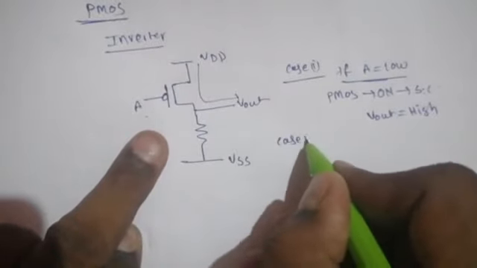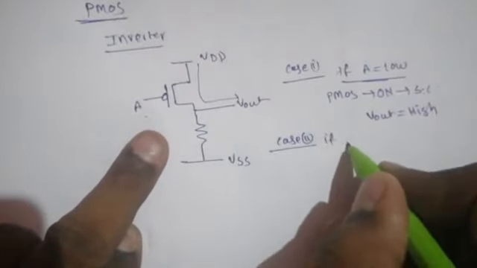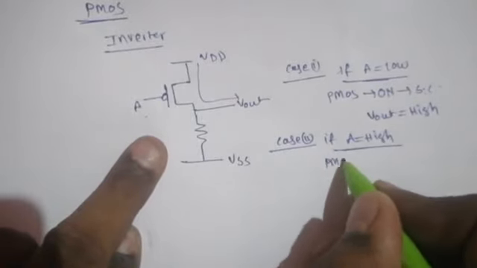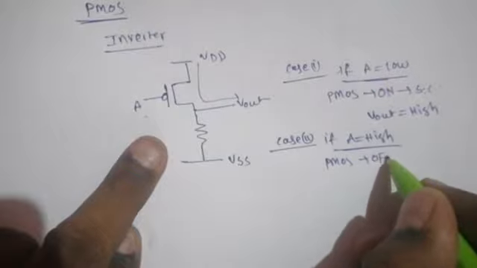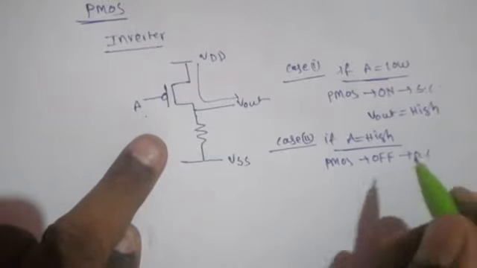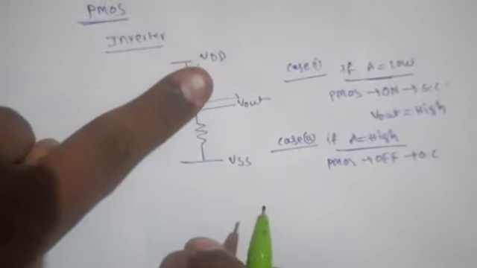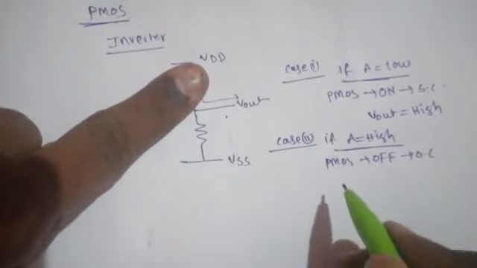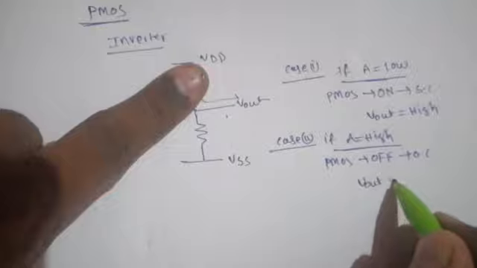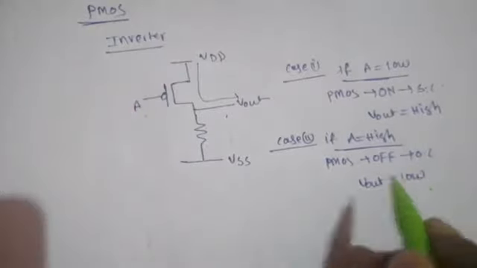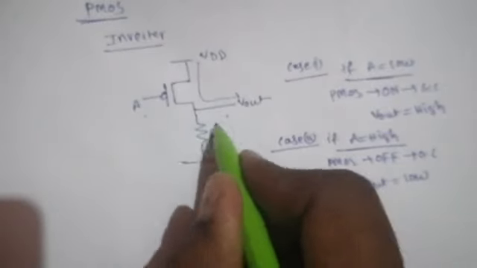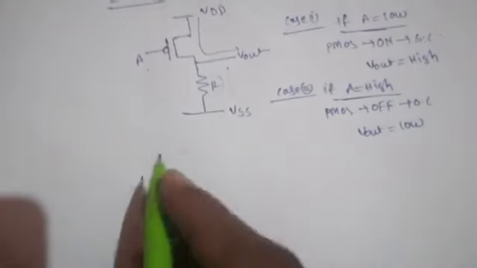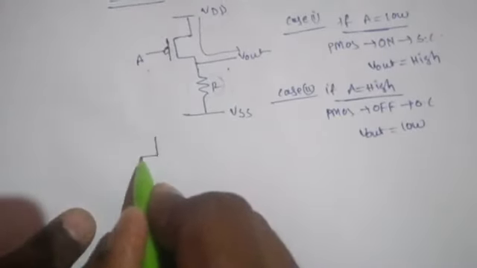In case 2, if the A voltage is high, PMOS is off and acts as an open circuit. Whenever it is open, VDD will not be passed, and the output voltage across VSS will be low. This resistor is also a passive element, so we replace it with a depletion mode MOSFET.